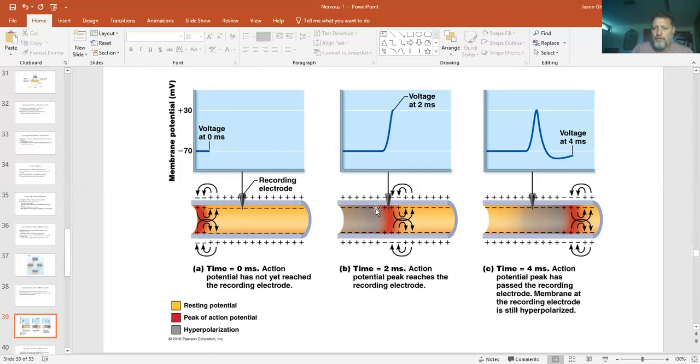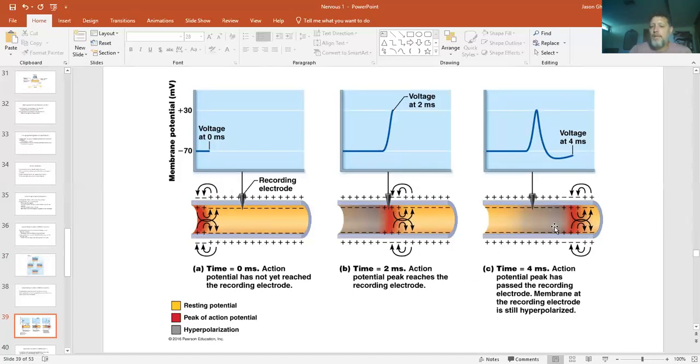I want you to pay attention to this gray area, though, as we go. So we're going along. You have your repolarization, your hyperpolarization. Now, this gray is sodium on the inside, potassium on the outside. We need those sodium-potassium pumps to flip that around and make it back to this yellow as we go.